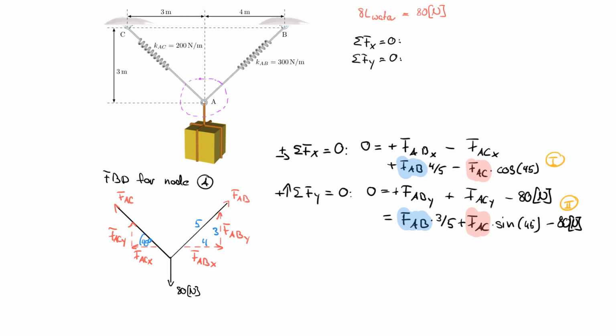I will just give you the results. I will tell you that FAB in this case comes out to be 57.14 Newton. And FAC really turns out to be 64.65.